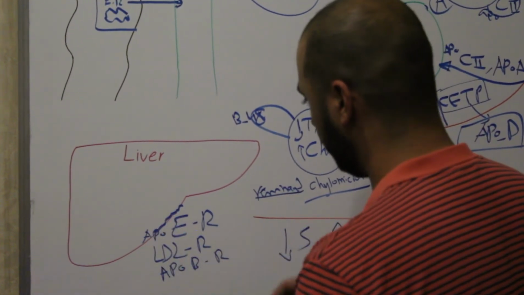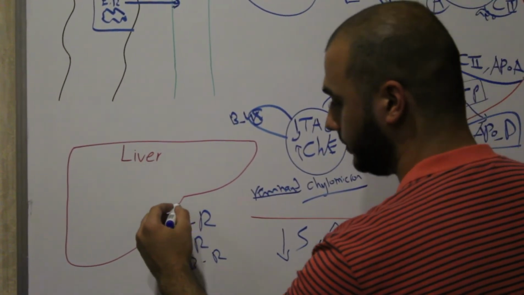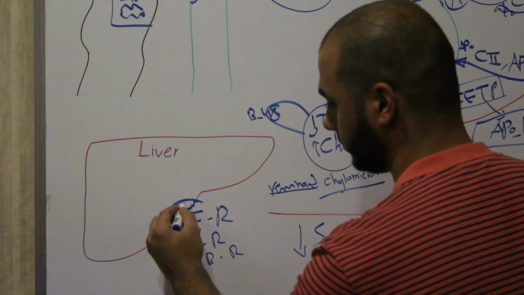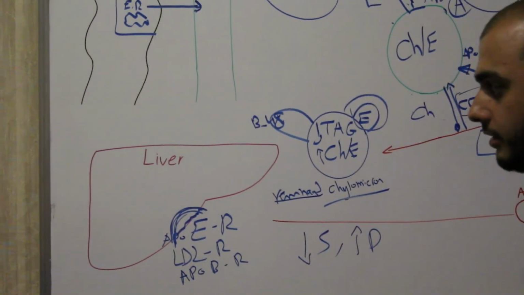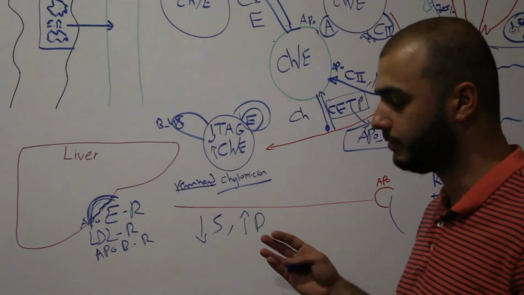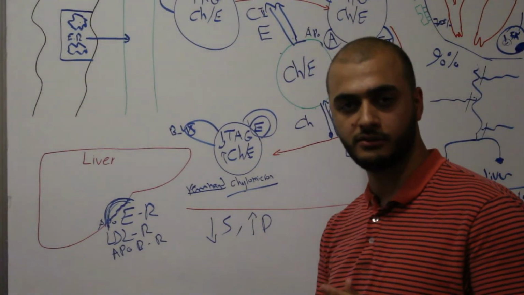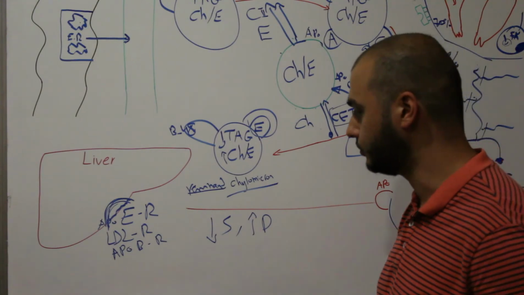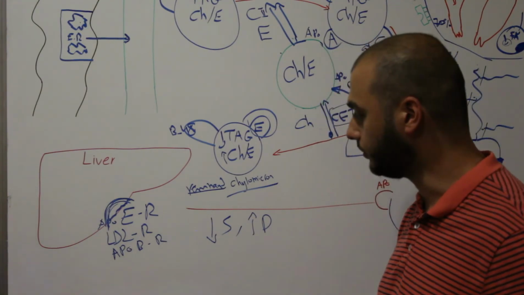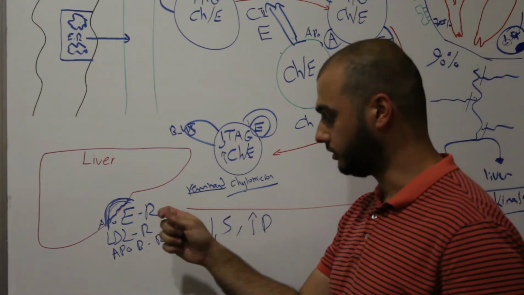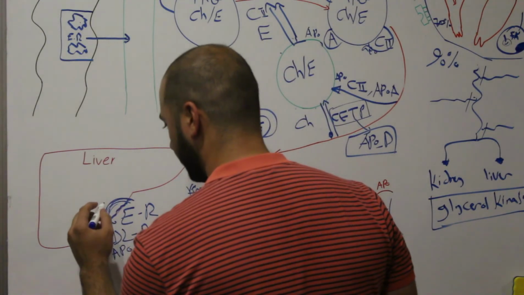After reaction of both receptors, there will be endocytosis. So the chylomicron enters the liver, enters the hepatocyte, by endocytosis, not facilitated diffusion, not active transport or another, because it's also been asked on USMLE.